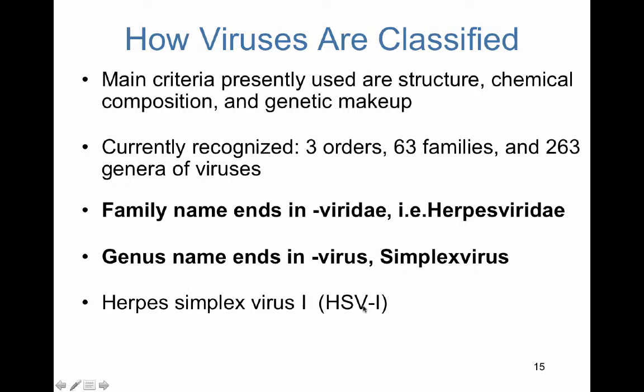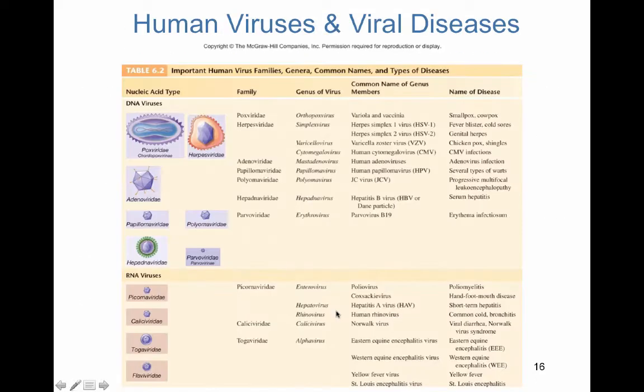Now, HSV1, which is herpes simplex virus 1, is within this genus. So this is a little different than how we classify genus, species for bacteria or any of the other microbes. I would remember the family, Viridae, and genus name is always virus. And this would be a subtype herpes simplex virus 1 or HSV1.